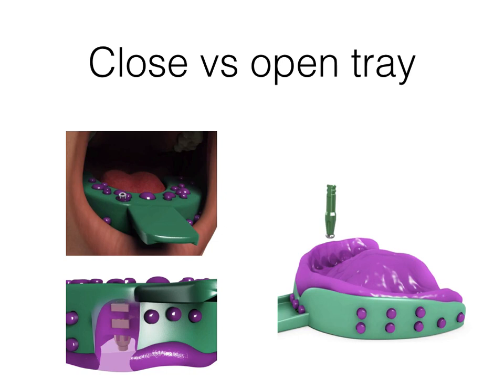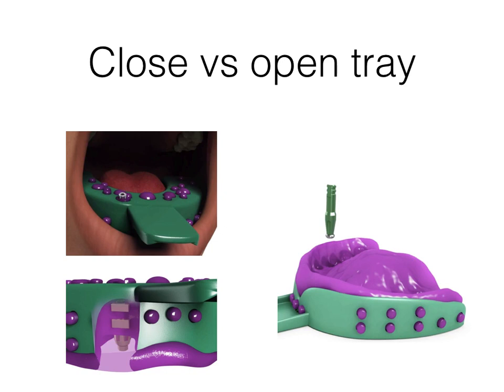That's why we call it open tray, because you have to make a tray and open the hole so you can reach that screw hole. After you finish the impression, before you pull out the tray, first you have to unscrew the impression abutment from the implant so you can take the impression out.